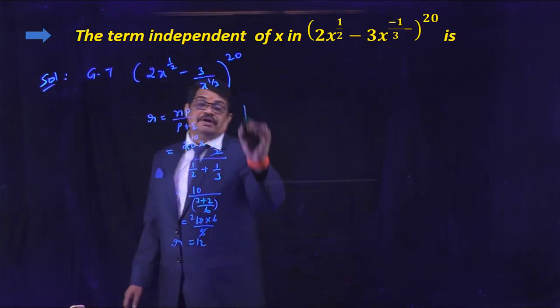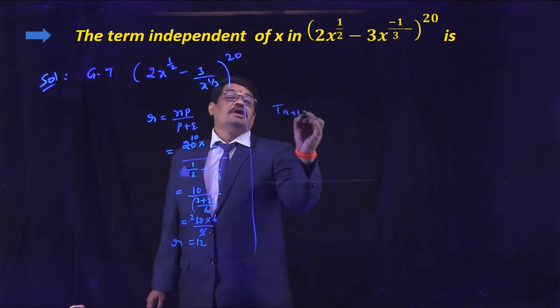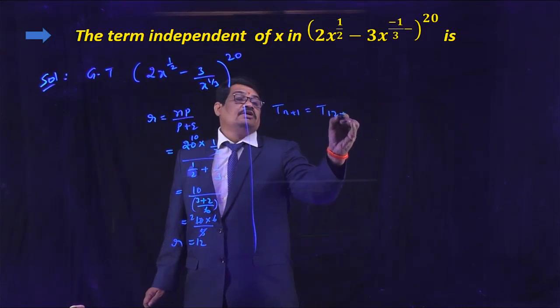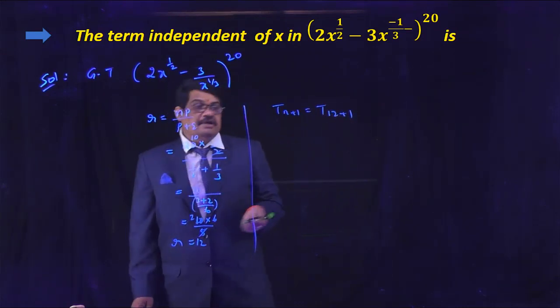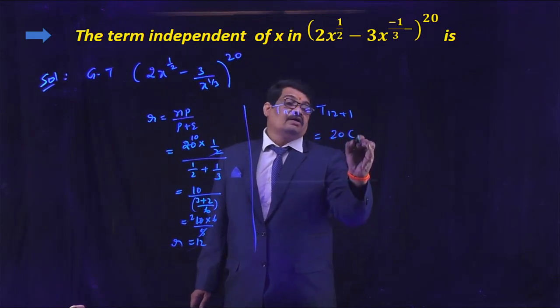So now we are writing the independent term. What is T(r plus 1)? T(r plus 1) is the independent term. Here r is 12, so T(12 plus 1) is the independent term. Now we are writing the term: 20C r, r is 12.